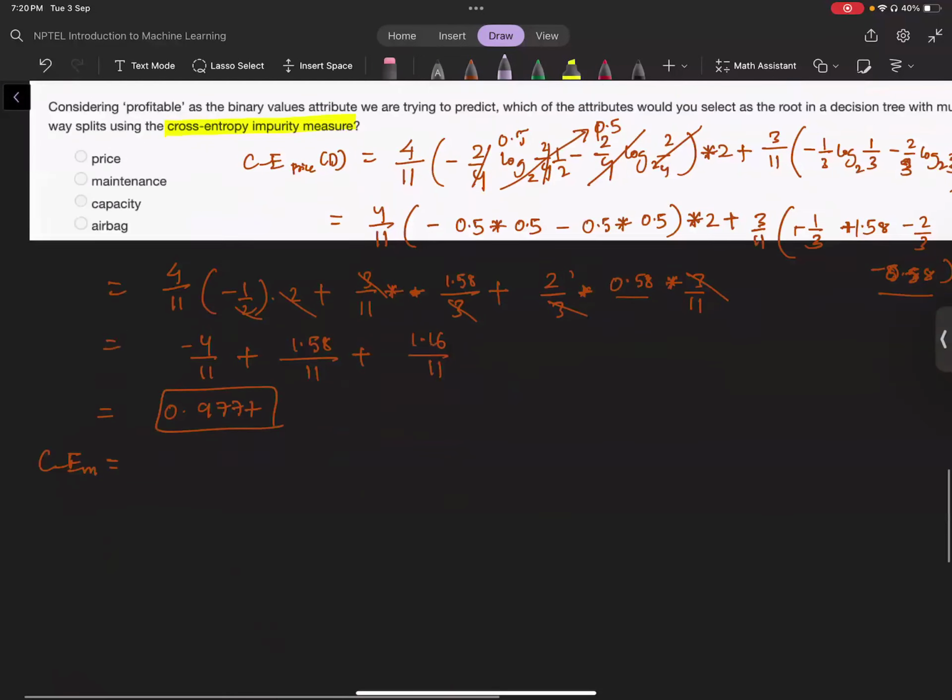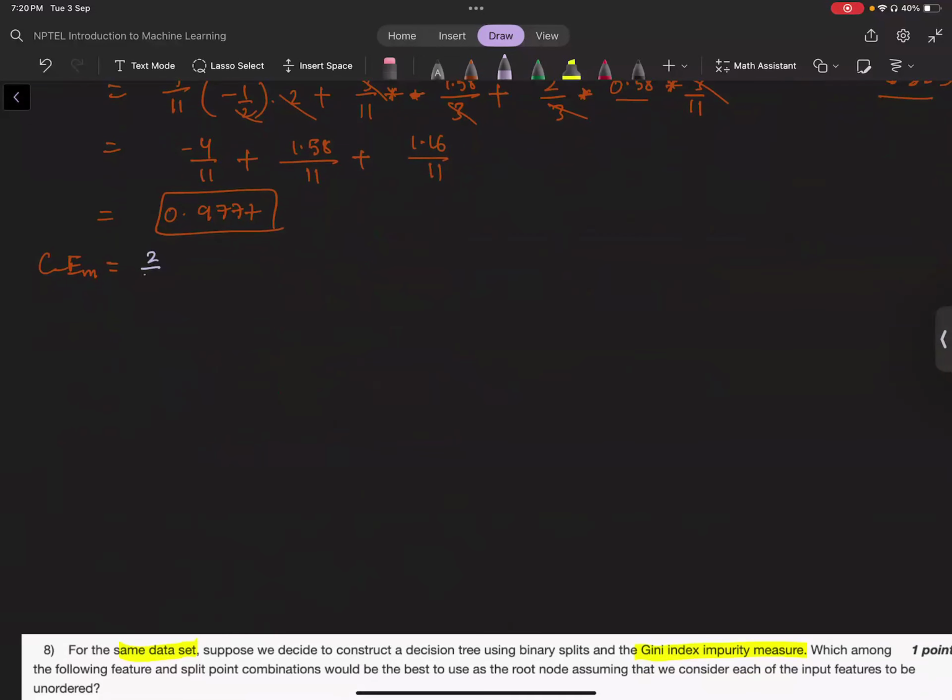So it will be 2 by 11 times minus 2 by 2 log base 2 2 by 2, minus 0 by 2 log base 2 0 by 2.